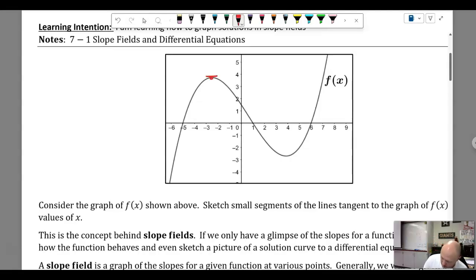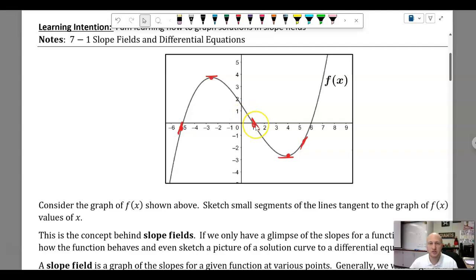Right here I have a slope of 0. The other ones usually are like positive 1, so maybe right around here would have a slope of 1, and maybe right here a slope of 1, and then maybe right here this is a downward slope of -1. So at all of these values, we have slopes.